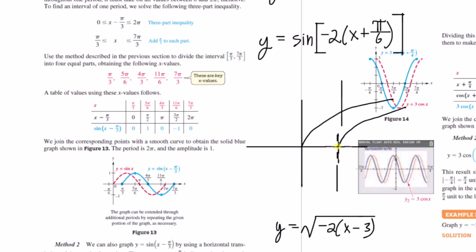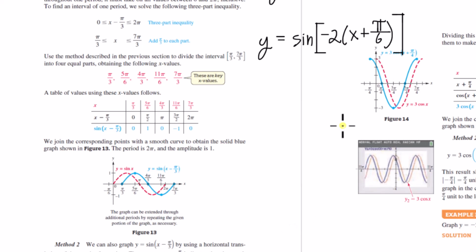So it would be kind of like this. Okay. Now, you could also write it like this. You could just factor out a 2, and then you would have minus x minus pi over 3.